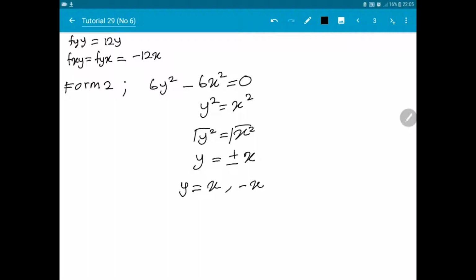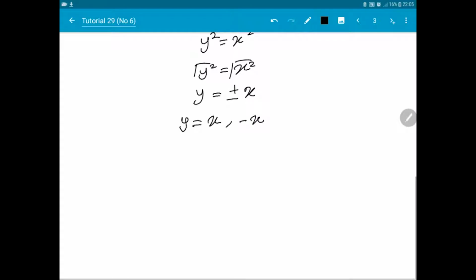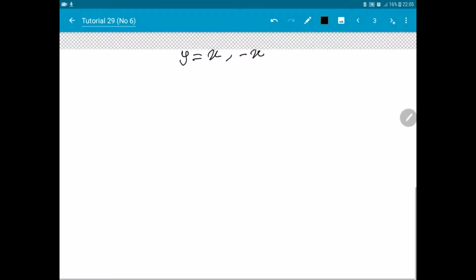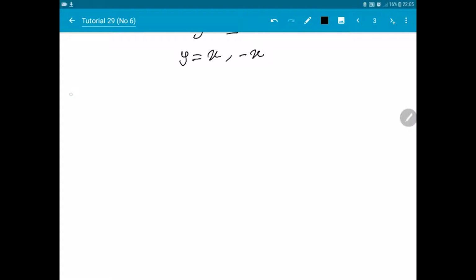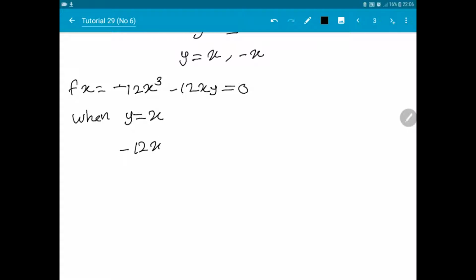After we get the value of y, we need to substitute this into the other one, meaning in fx that we did not choose, negative 12x cubed minus 12xy equal to 0. So when y equal to x, it will be negative 12x cubed minus 12x squared equal to 0.